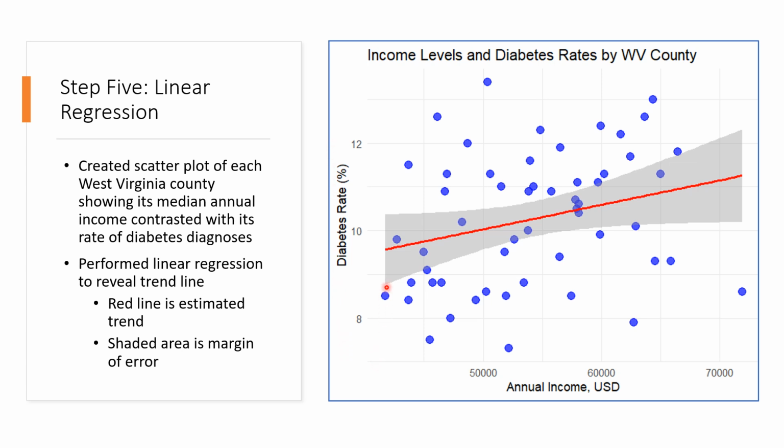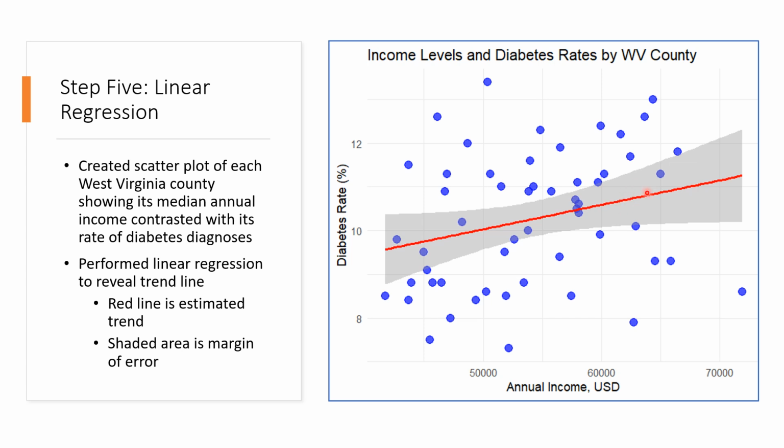And I calculated a trend line here in red and included a margin of error represented by the shaded area. This means that the red line signifies the most likely representation of that relationship between diabetes and income, but the actual trend line could fall anywhere within the shaded area.